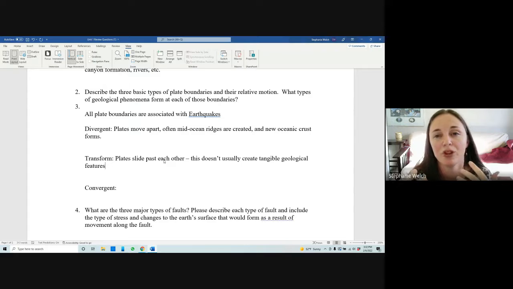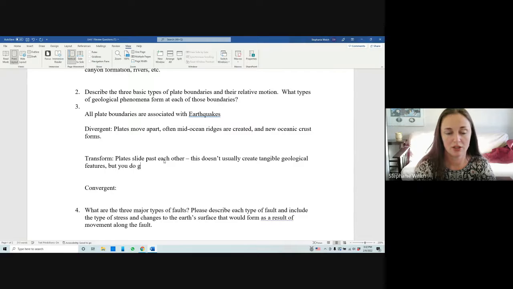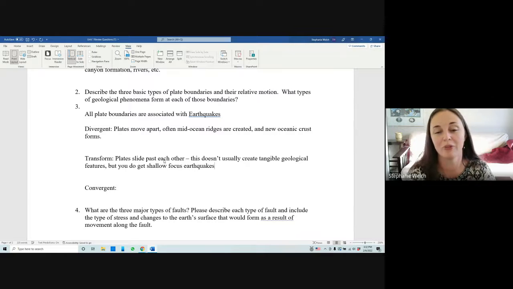You don't get mountains or mid-ocean ridges or volcanics, anything like that typically happening at transform plate boundaries. But you do get shallow focus earthquakes. Shallow meaning not deep, so they're closer up to the surface. Transform plate boundaries are often offsets in mid-ocean ridges, but occasionally they can be found on continental land masses too, like the San Andreas Fault.